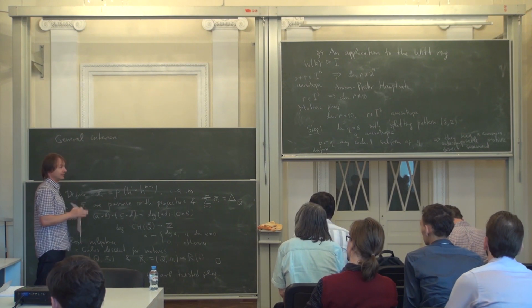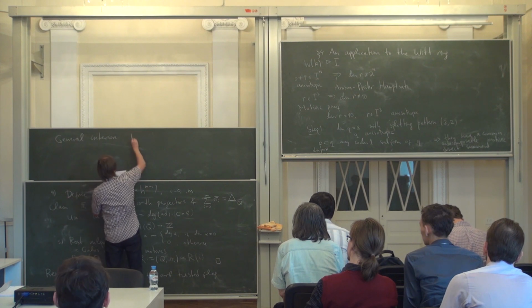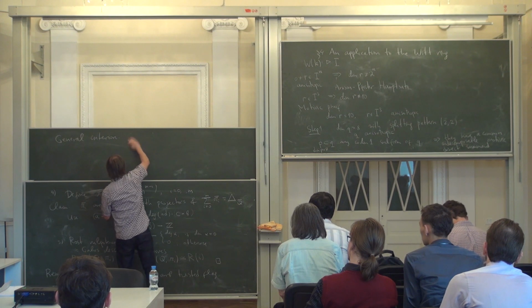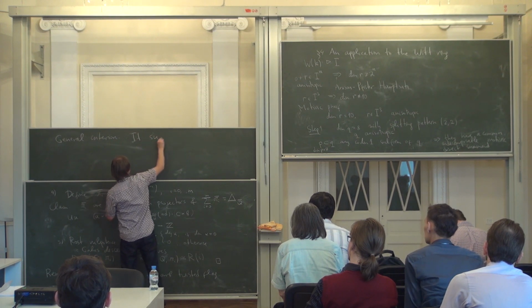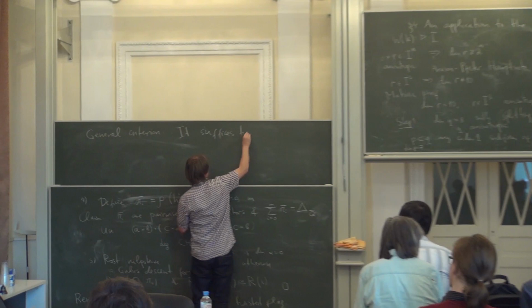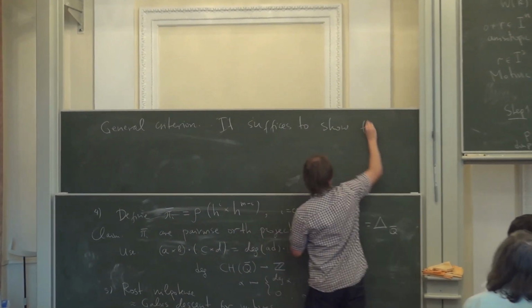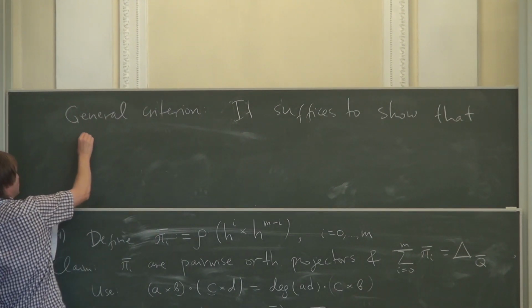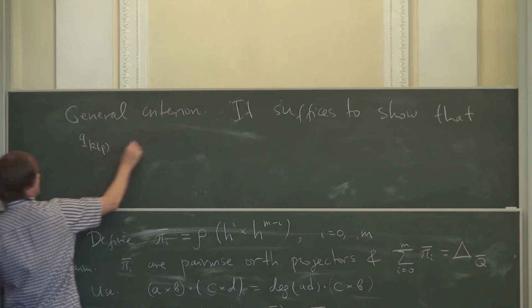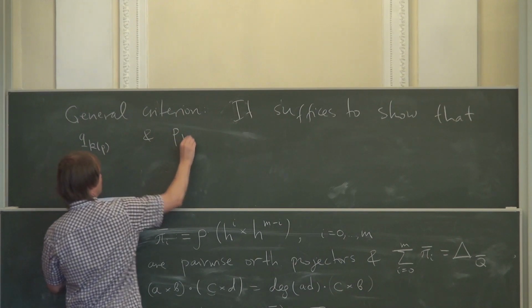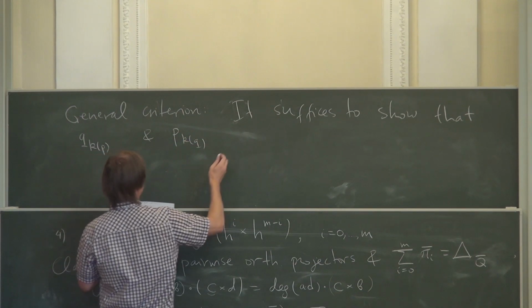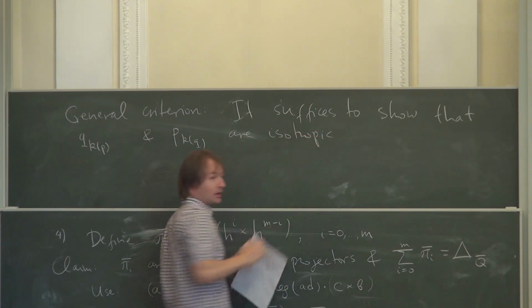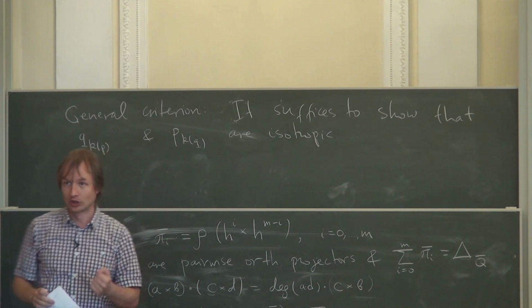Namely, it suffices to show that Q over the function field of P and P over the function field of Q are isotropic, so have a rational point.